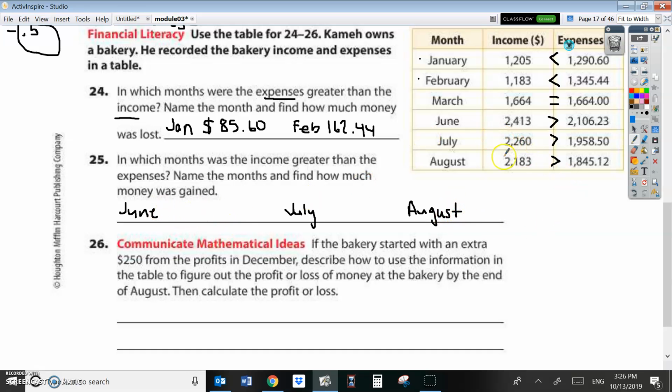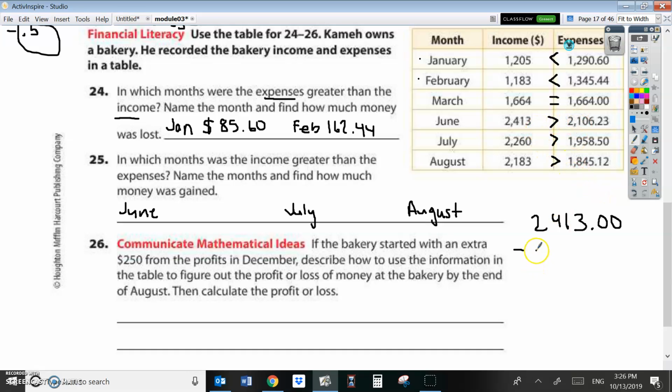Okay, so June, let's subtract and figure out how much more they made than they spent. Let's put in some zeros there.